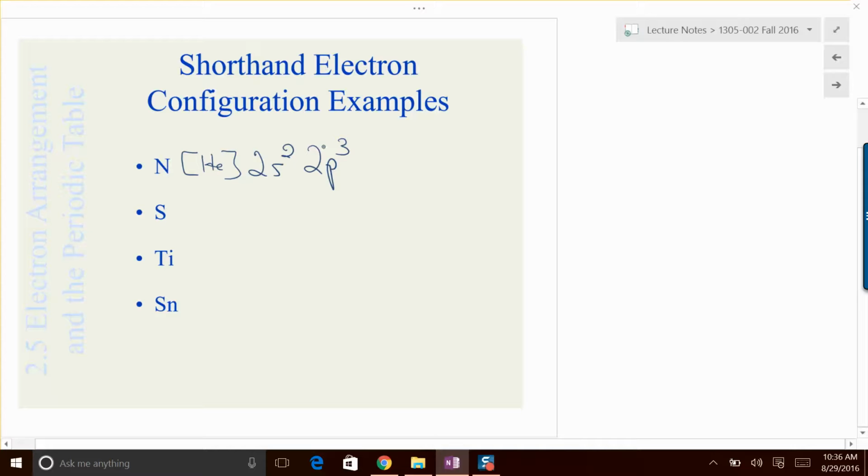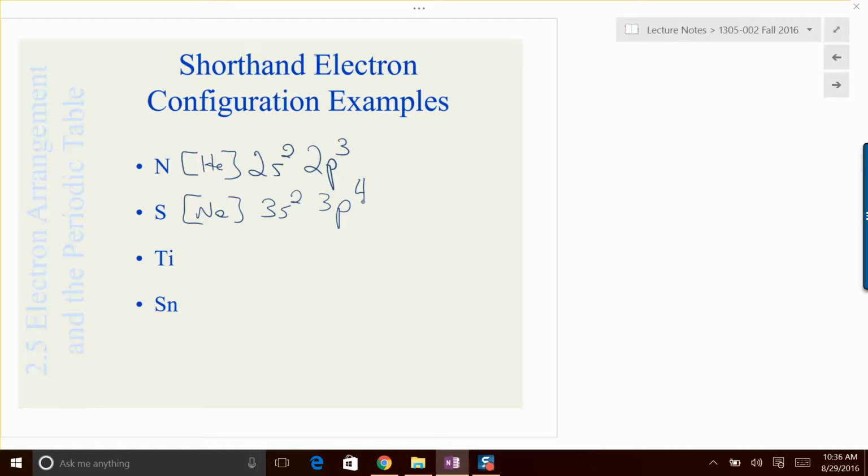Good. 2p3. That's nitrogen. Sulfur. Ne. Then what? 3s2. 3p4. It's the fourth element in the 3p. Okay? For sulfur, right here.